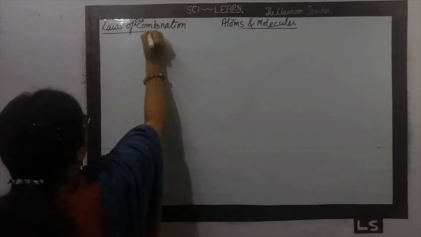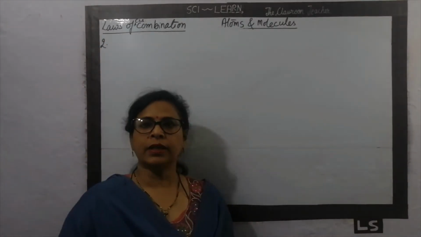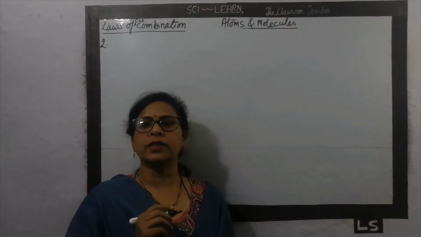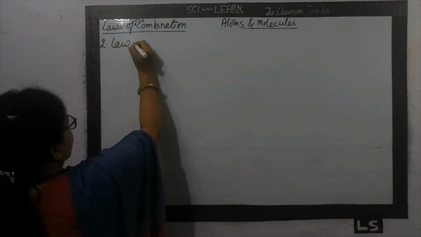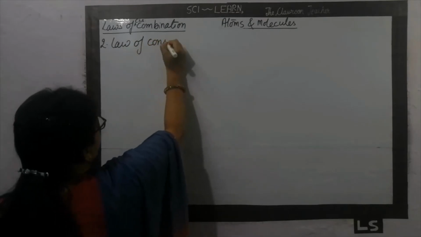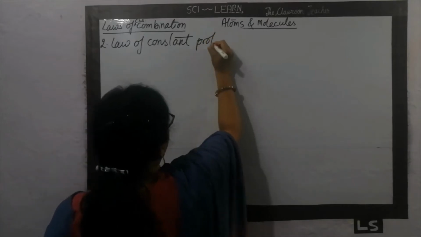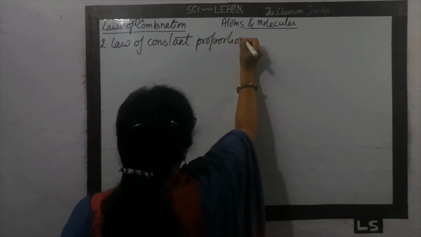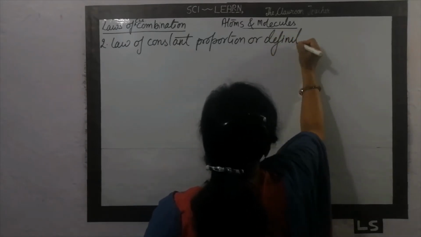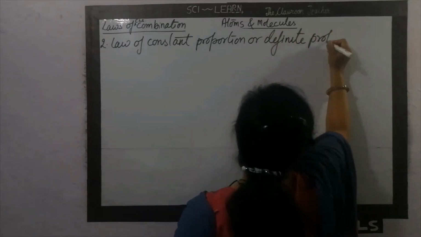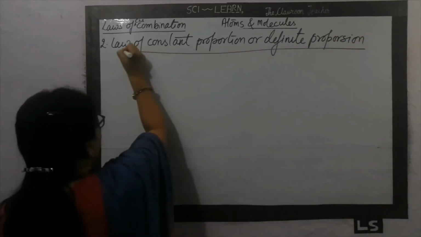Laws of chemical combination. We have to study the second law of chemical combination, that is called the law of constant proportion or law of definite proportion.